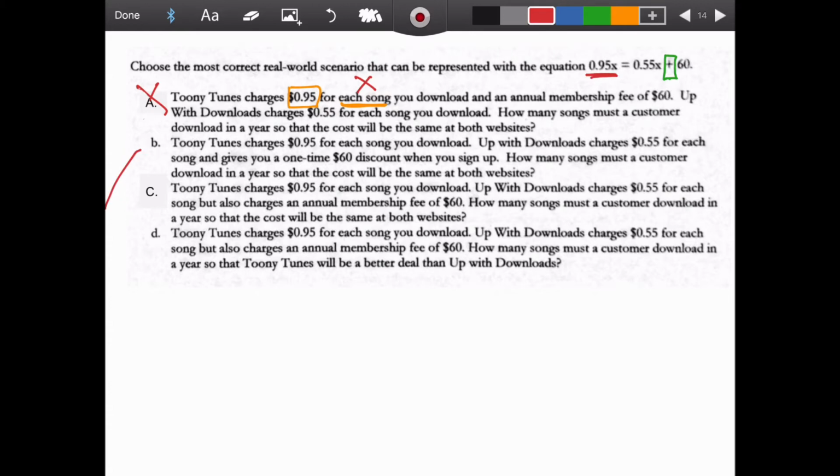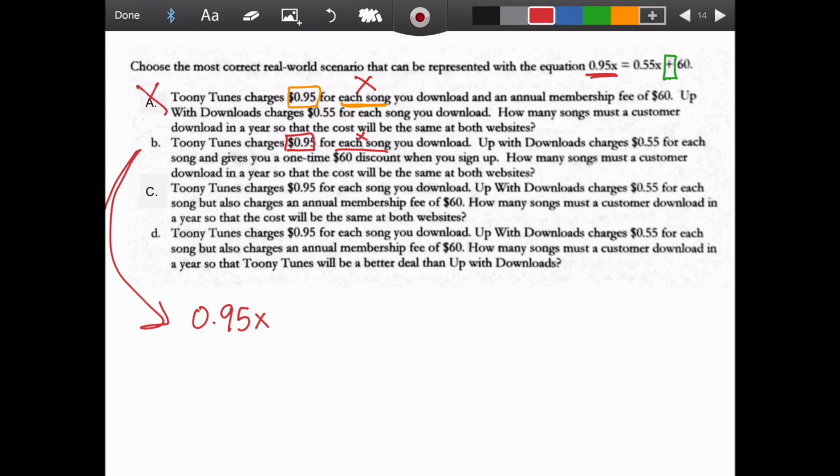Option B says Tony Tunes charges 95 cents for each song you download. Again, we have that 95 cents for each song. Each song is the variable because we don't know the number of songs. And then it says Up with Downloads.